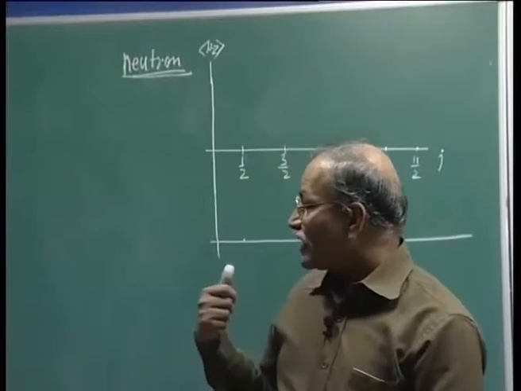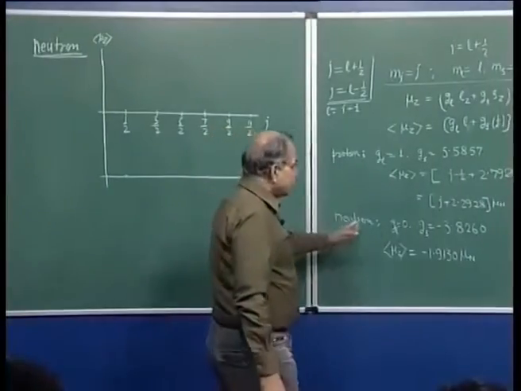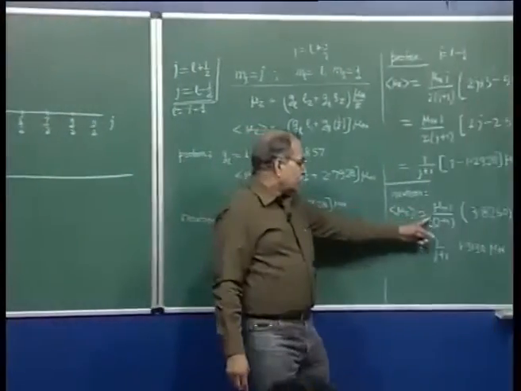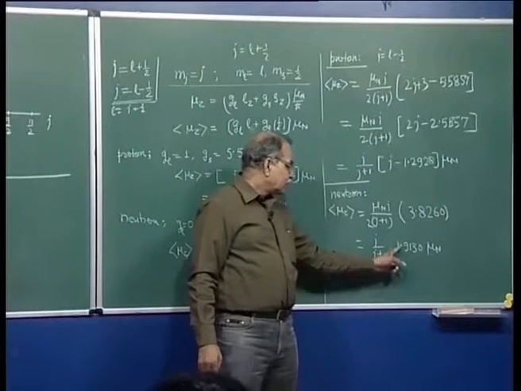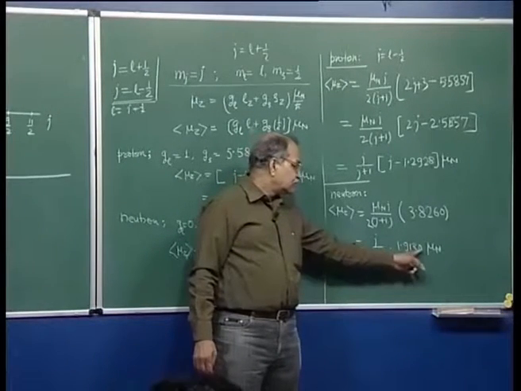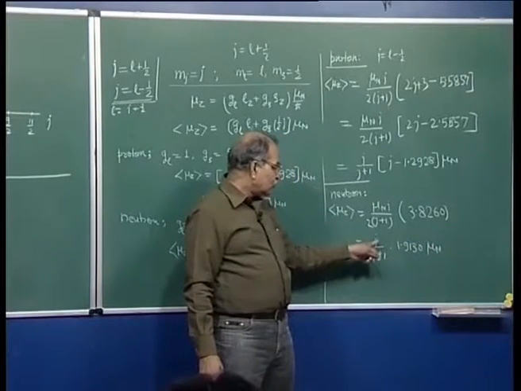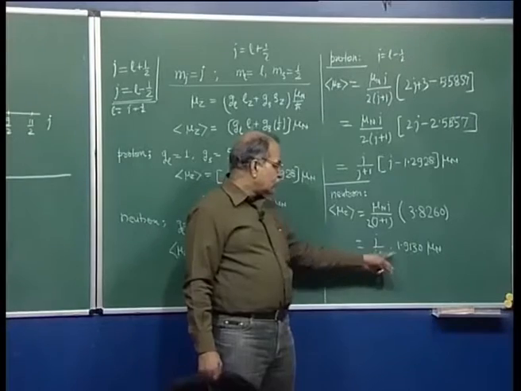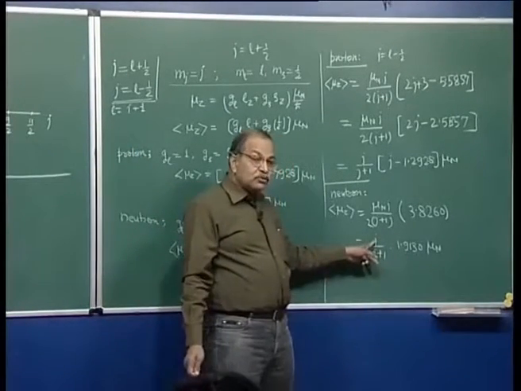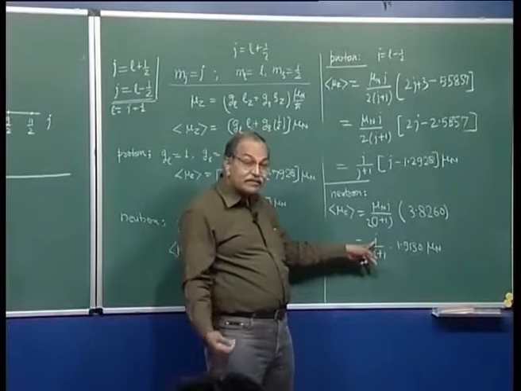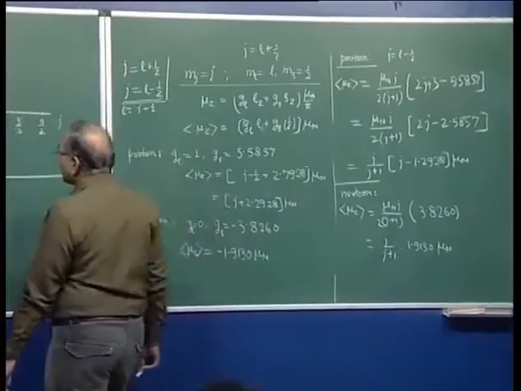If the last nucleon happens to be in this type of state, then it will be given by this, J by J plus 1, times 1.9130 and so on. So, you can put the value of J equal to 1/2, and then you put a dot there on the graph, then put J equal to the next, 3/2 and so on.